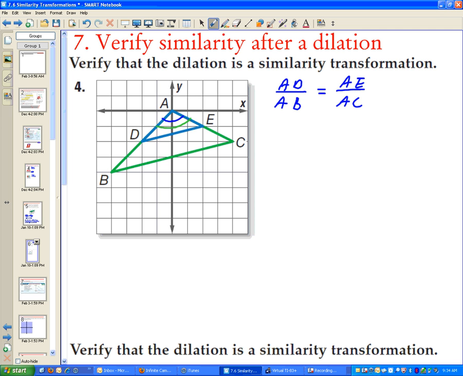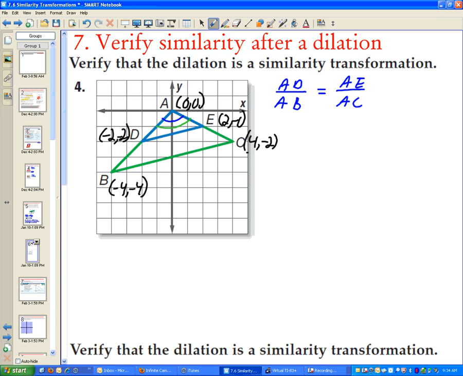So let's see. A is 0, 0. D is -2, -2. E is 2, -1. B is, let's see, -4, -4. And C is 4, -2.